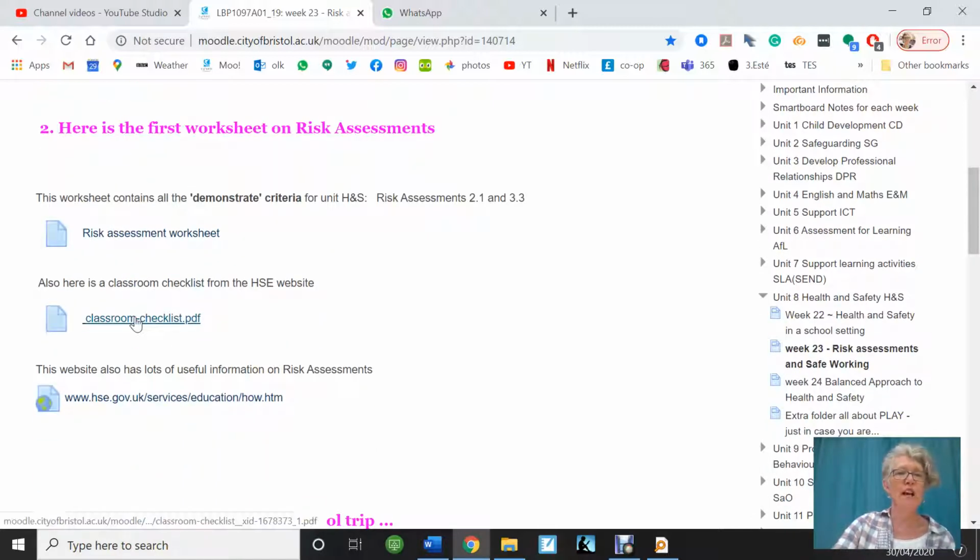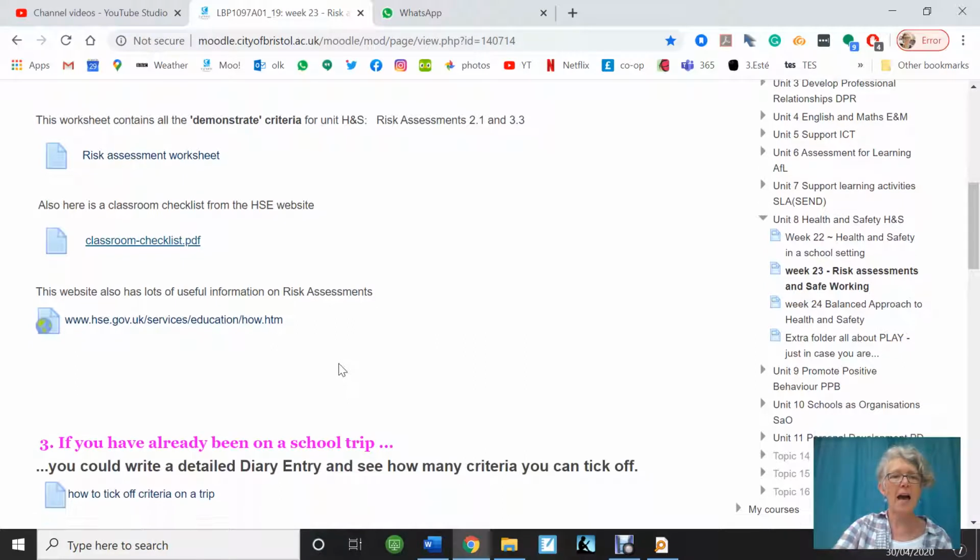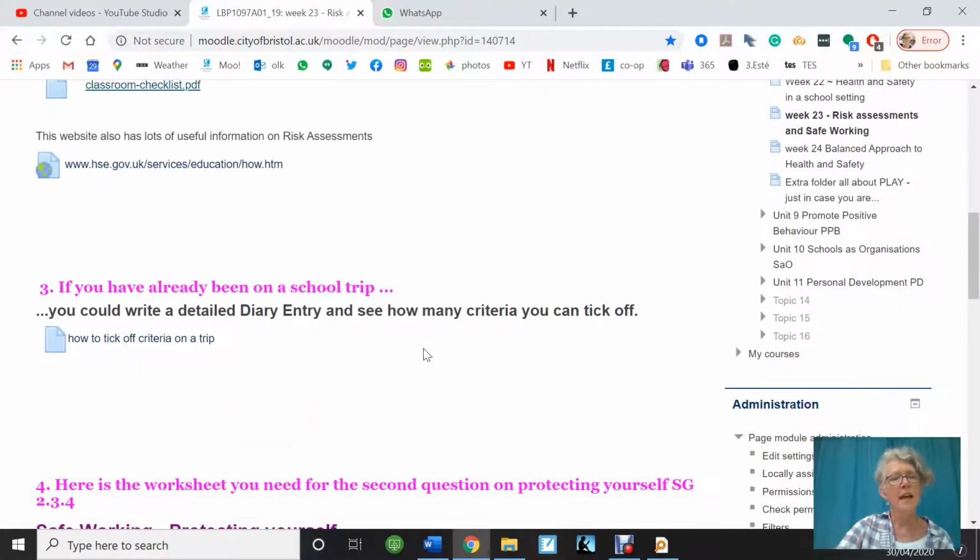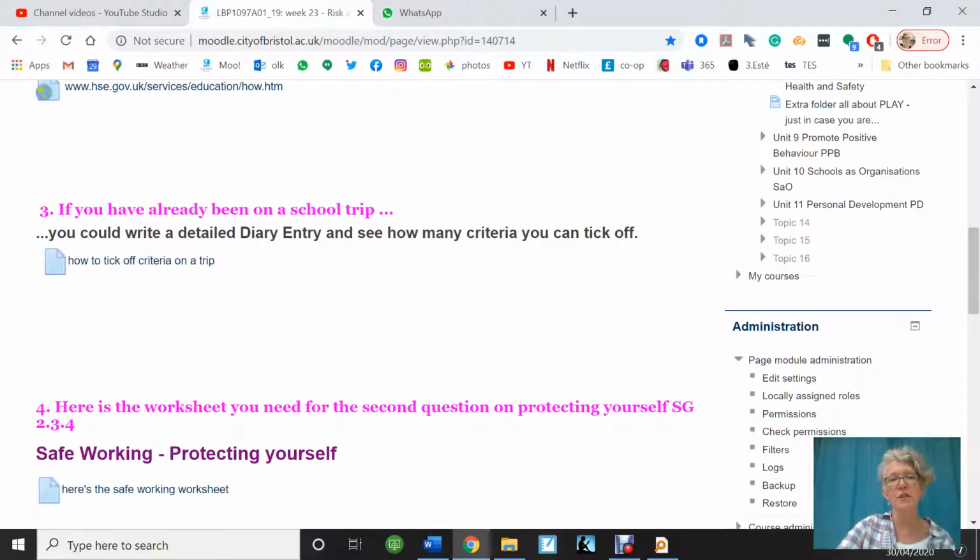Here's a classroom checklist from the Health and Safety Executive website. That would give you some ideas for what to put in your worksheet if you chose to do a classroom. And again, from the HSE website, lots more information on how to do risk assessments that you might find helpful. If you have already been on a school trip, you could have a look in this document.